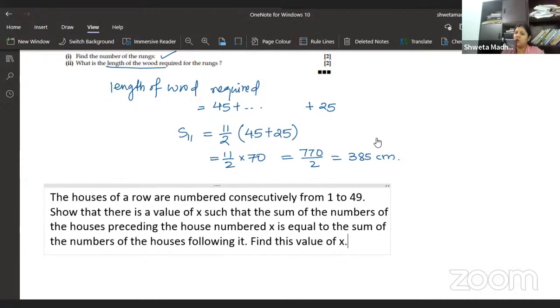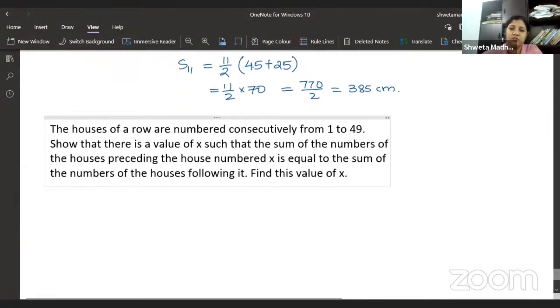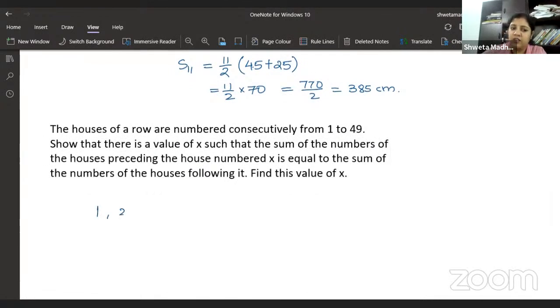So before x, how many houses are there? And after x, how many houses are there? The sum is equal. That means suppose we have the house numbers placed here: 1, 2, then 3, then 4.